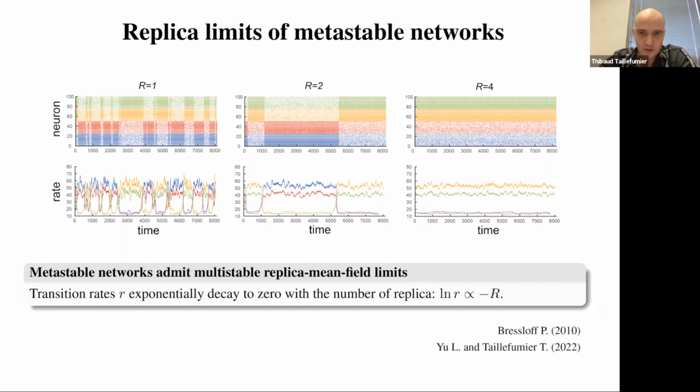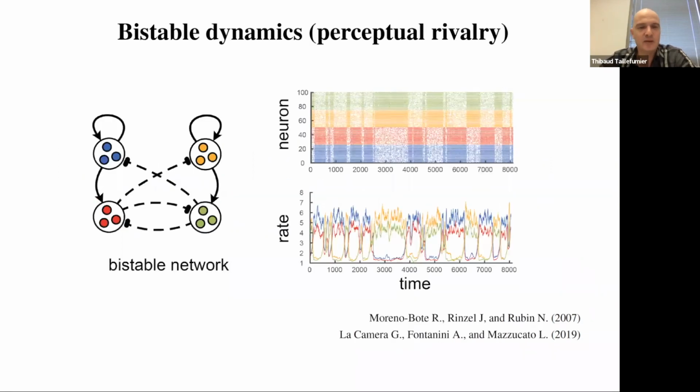The way I'm going to do it is I'm going to look at this network and vary the strength of the arrows, and I'm going to check that the prediction that I get from the Replica-mean-field limit in terms of rate matches the rate of firing of my neurons when they're up or down. So I will just have the rate identity. I won't have the transition at this stage.